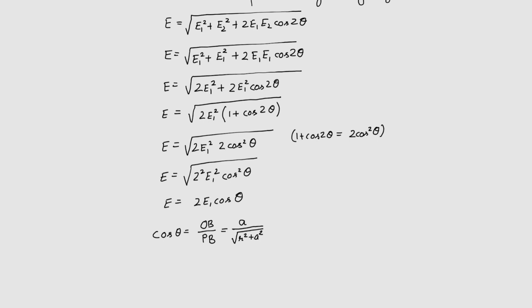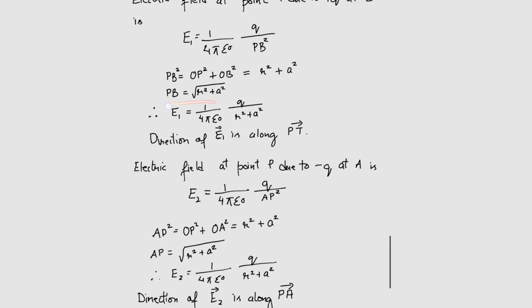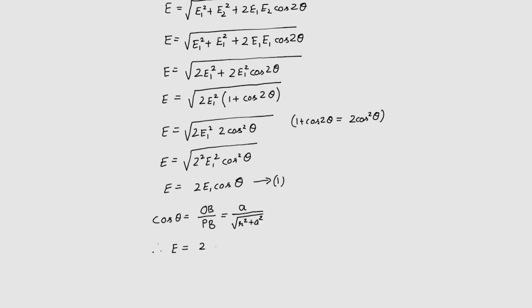Let me name this equation 1. Now let us substitute equation 1. So E is equal to 2 into E1. The value of E1 is 1 by 4 pi epsilon naught Q divided by R square plus A square.